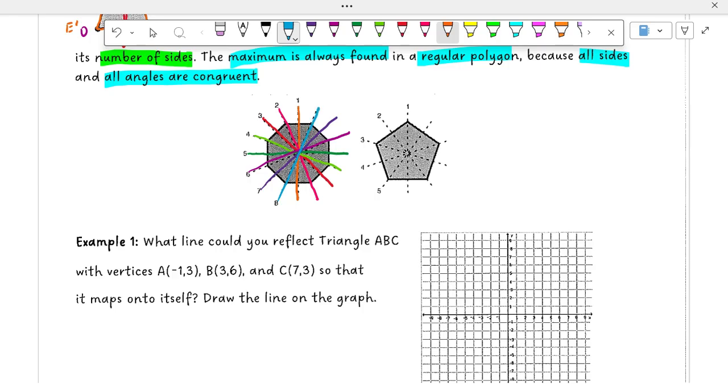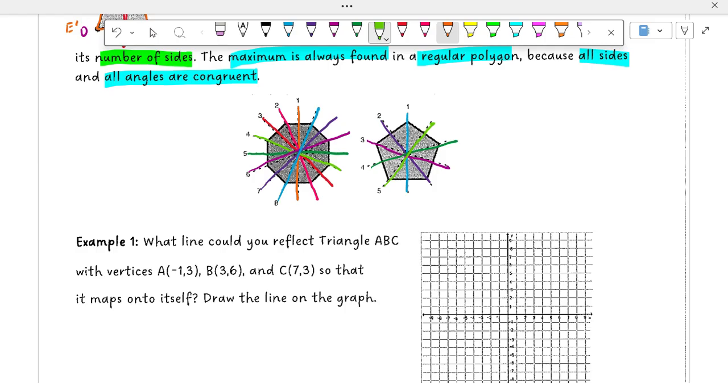So if I reflected over any of those colored lines, I would get the exact same figure. It would look exactly like the current octagon that you see now. It won't change orientation. It won't change location. Same thing with this pentagon. All of these lines, but it only has 5 of them because it only has 5 sides. If I reflected over them, I would get the exact same pentagon, orientation and all.